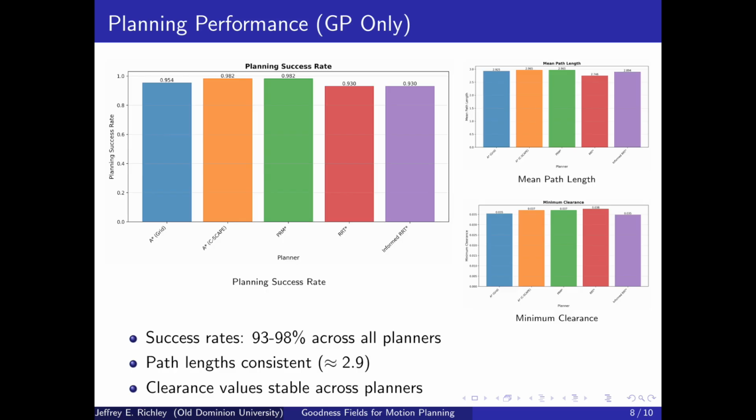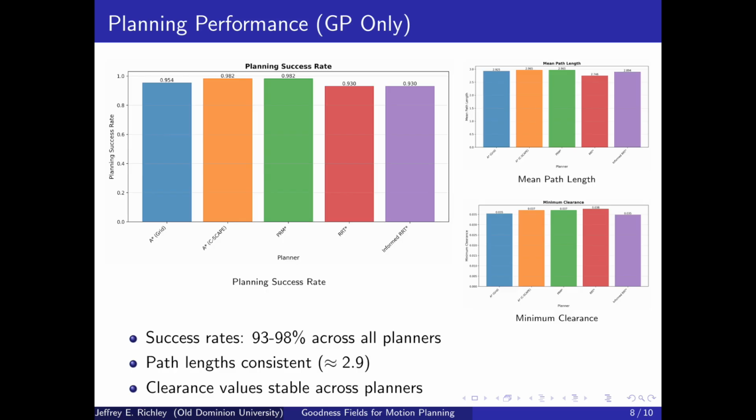Across all planners, success rates remain high, between roughly 93 and 98%, indicating that the surrogate does not degrade planner reliability. At the same time, mean path lengths were very consistent, around 2.9, and the clearance values remained stable across planners.